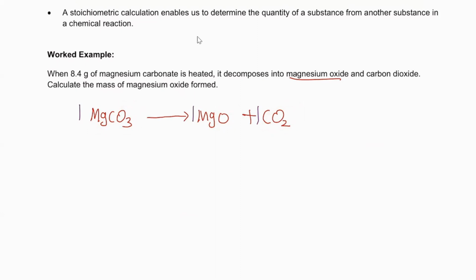Now, this number can change depending on the questions, because sometimes the left and right are not exactly the same, so you need to add or change the number accordingly to make sure the elements are balanced. Later, we will take a look at equations where you need to change the number. But as of now, everybody is 1.